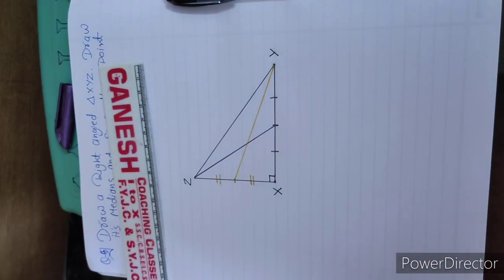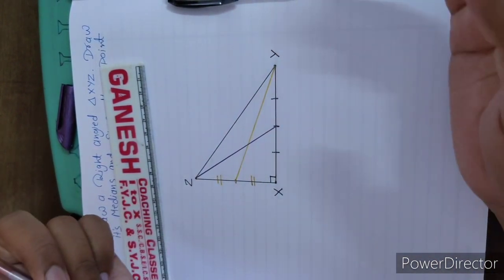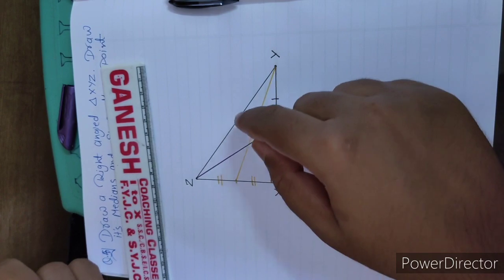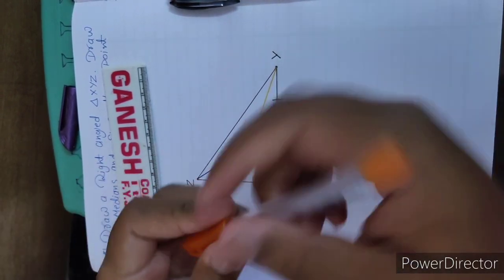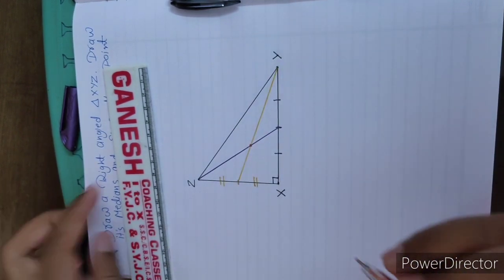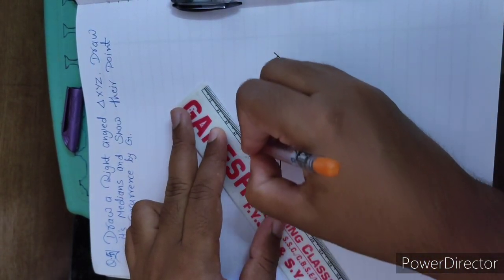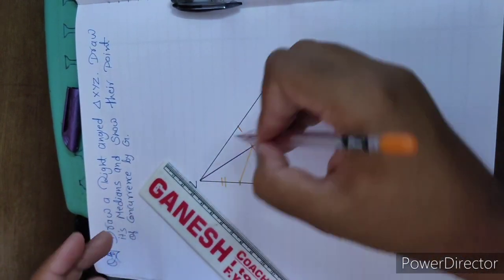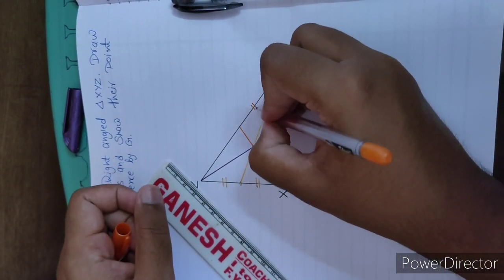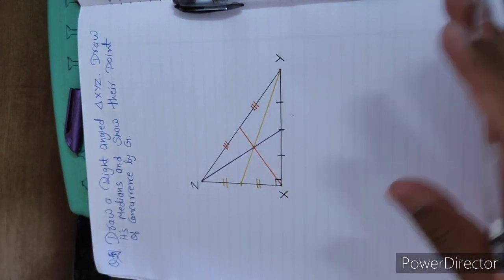Now we have drawn two medians, so for the third median we are not going to trace the midpoint. We will pass it from the intersection of these two medians. So our median will pass from here, and it is the third median, so we will take 3 dash. Understood how to do this?